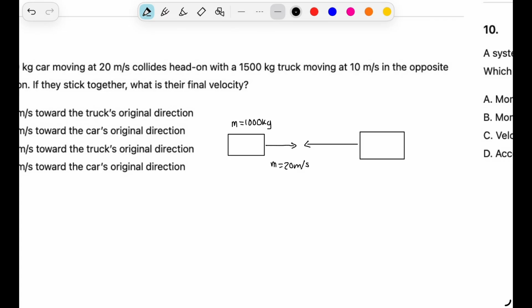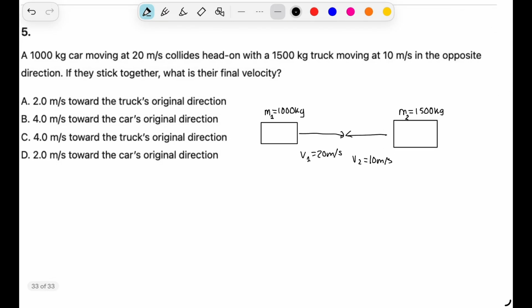So that's a 1,500 kilogram, we'll call this M1, and this is V1, and this is M2. This is going to be V2, and this is 10 meters per second. So we want to know if they stick together, that means you have a perfectly inelastic collision. We want their final velocity.